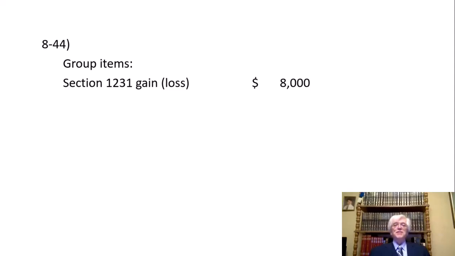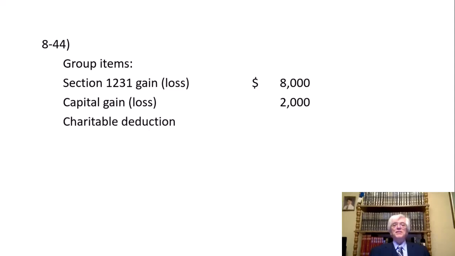It was $18,000 of gain and a $10,000 loss. Similarly, with the capital gains and losses, that was also a net gain, $5,000 gain versus a $3,000 loss for a net gain of $2,000. So those are fine. We can just take those items and put them back into consolidated net income. There's nothing in intercompany income that would change the fact that we're adding a total of $10,000 here.